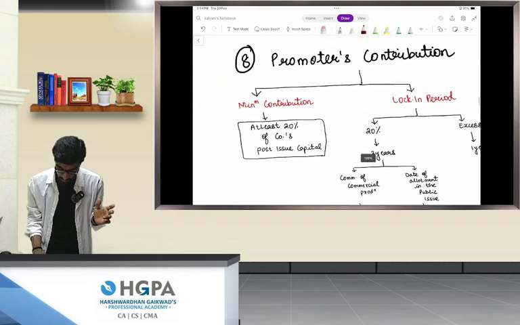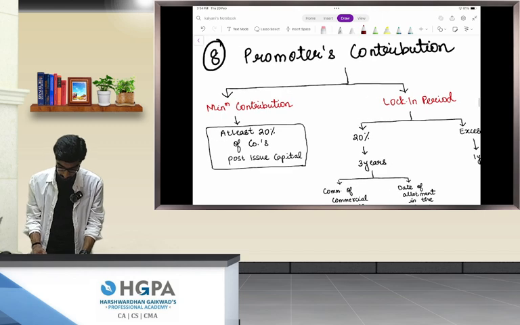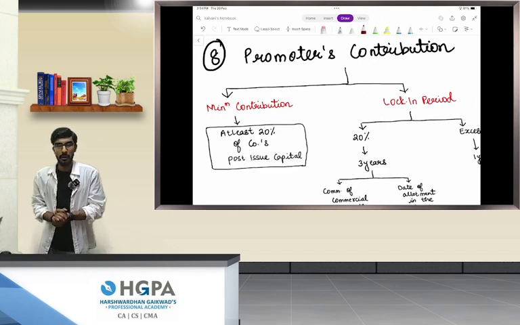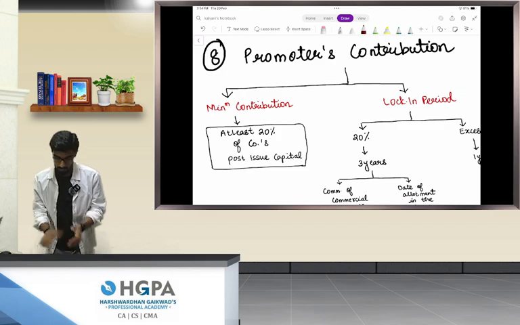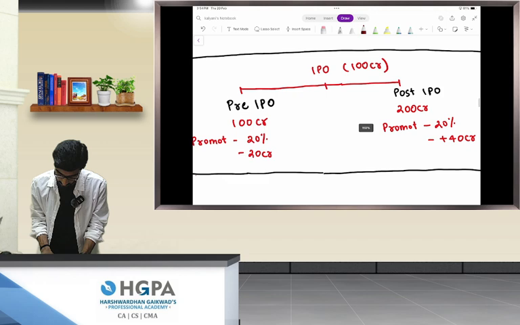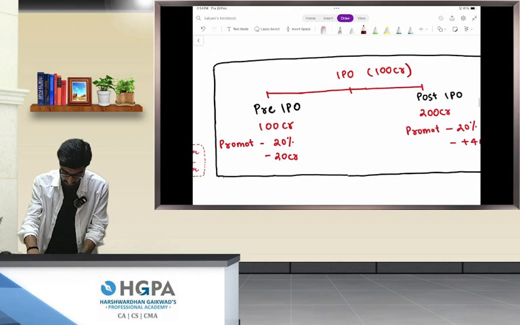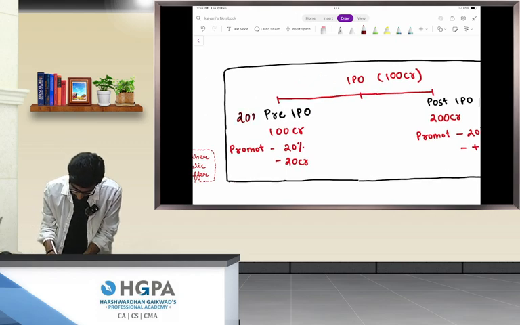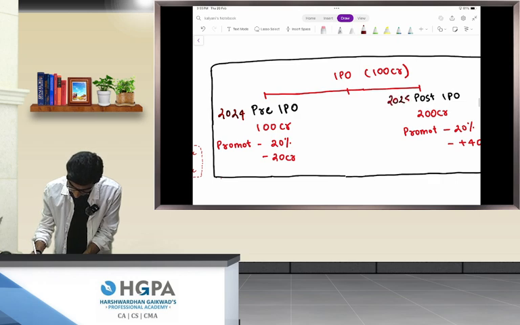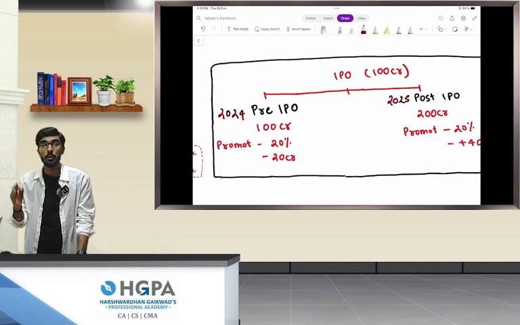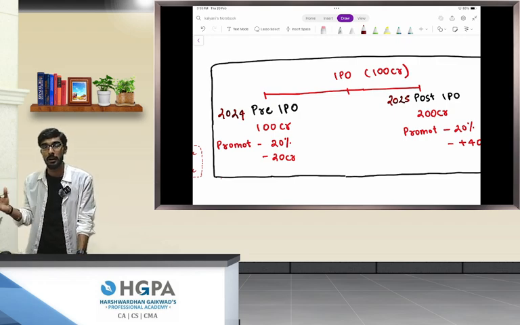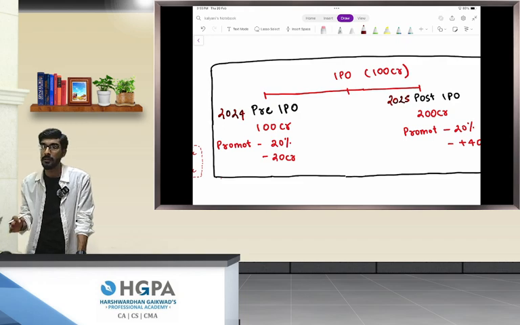Next is promoters' contribution. Let's say a company is going for an IPO. There are two stages: in 2024 the company was not listed, but during 2025 the company got listed.